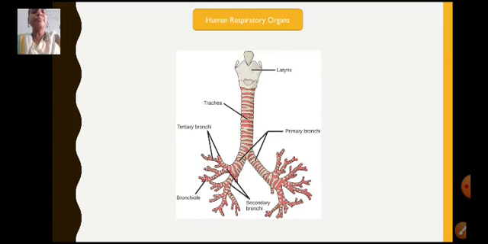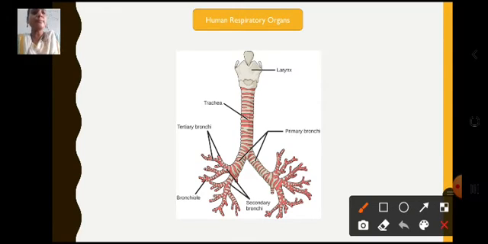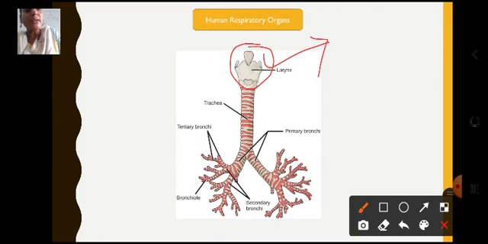So you can see this is a detailed view of the trachea, bronchi and bronchioles. At the top we have the voice box, that is the larynx. Then the larynx proceeds into a tube-like structure, that is the trachea.